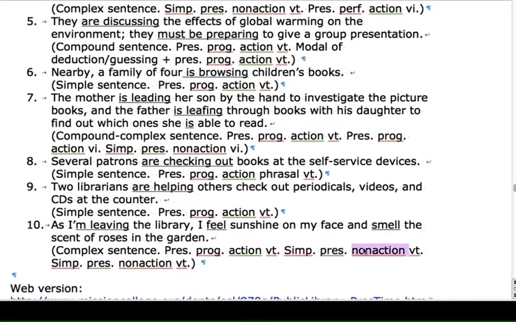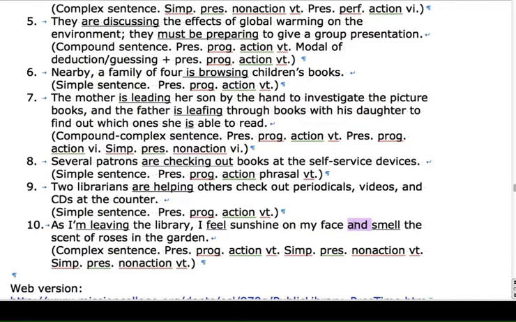Because they're non-action verbs. They're verbs of perception. They're linking verbs. So we don't use them in the continuous or progressive form. They're both transitive. That means they have objects. I, subject, feel, verb, sunshine, object. On my face is a prepositional phrase.